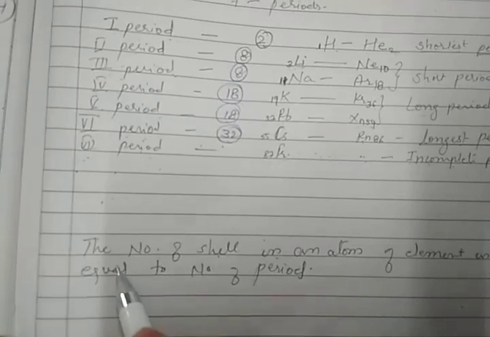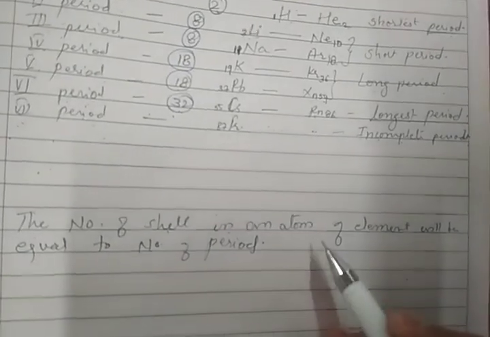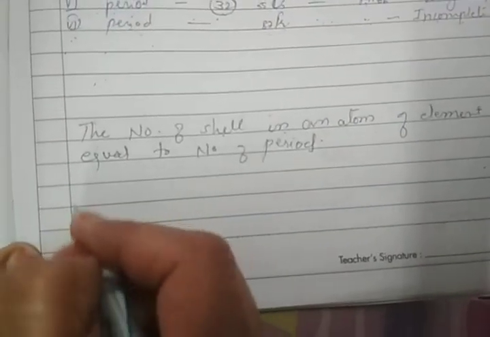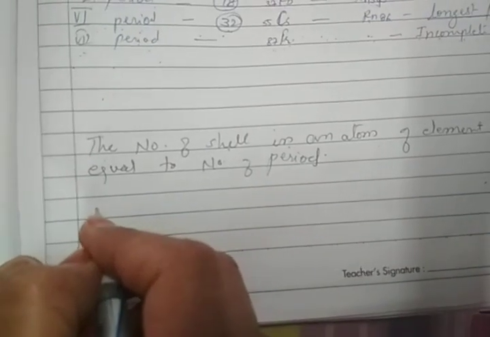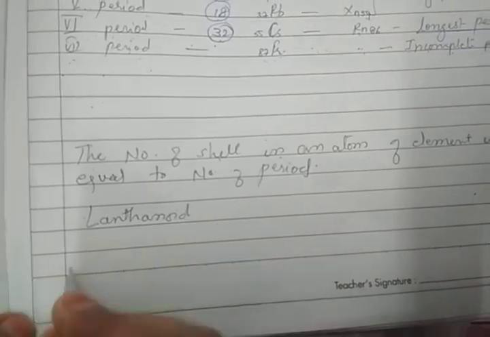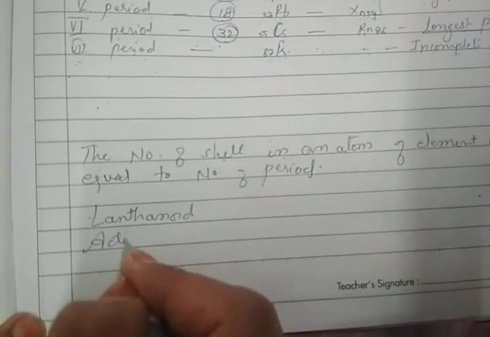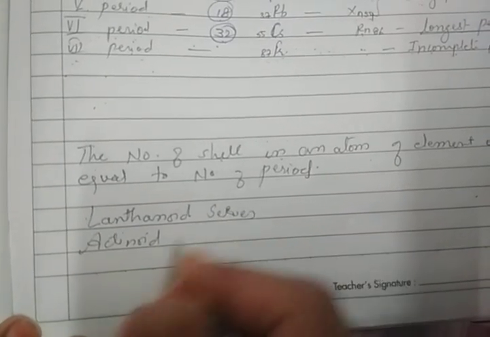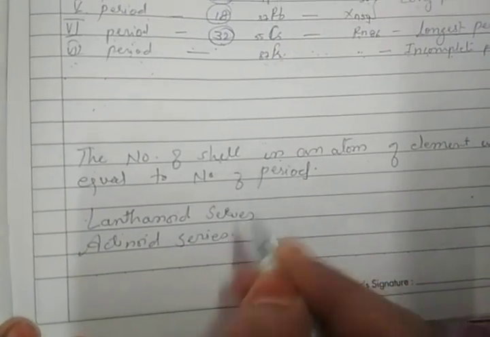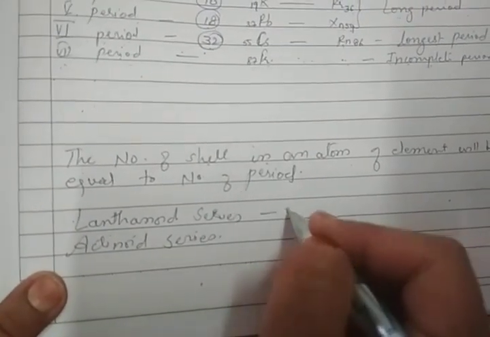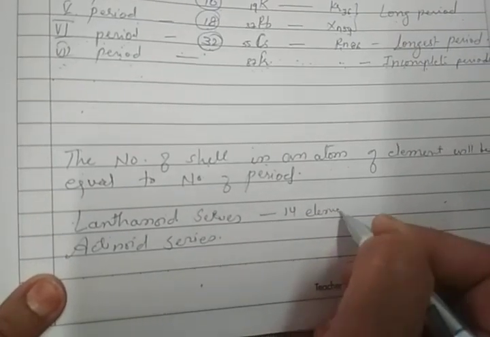Now we already know that the number of shells in an atom will be equal to the number of the period. Now also we have to remember that there are two series just below the periodic table. One is the lanthanoid series and the second is the actinoid series. These two series are placed below the periodic table because they contain 14 elements each.